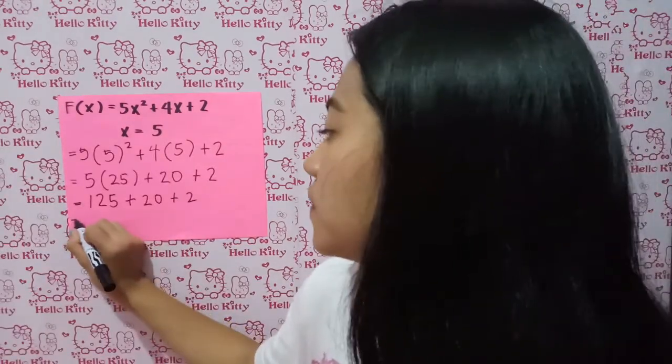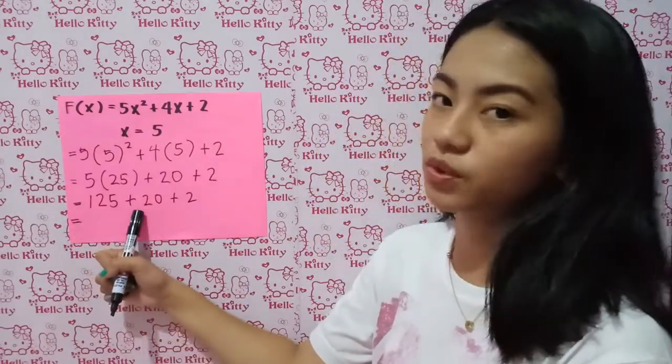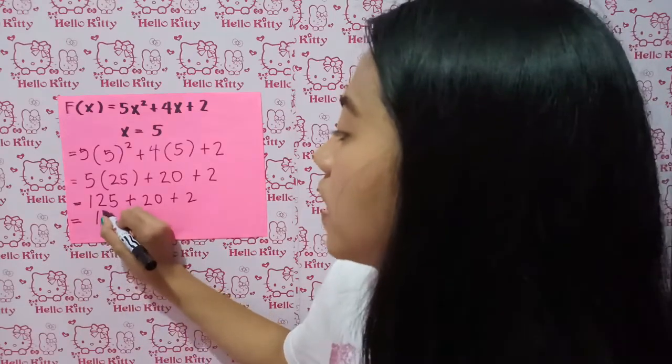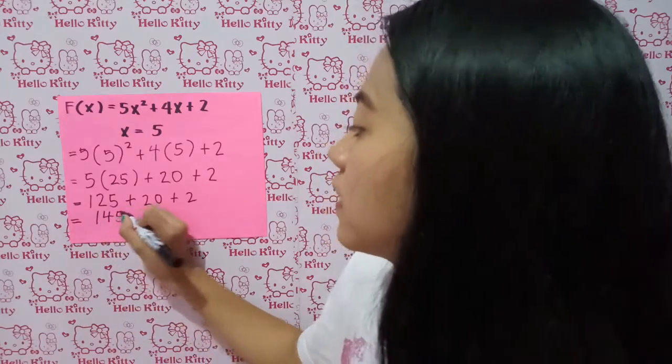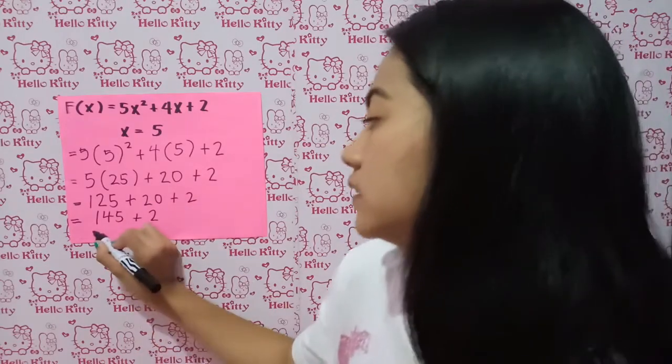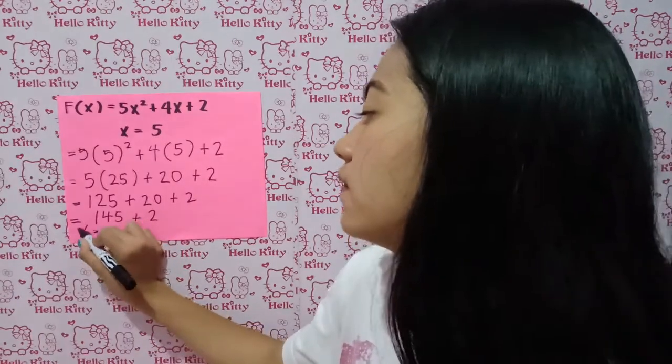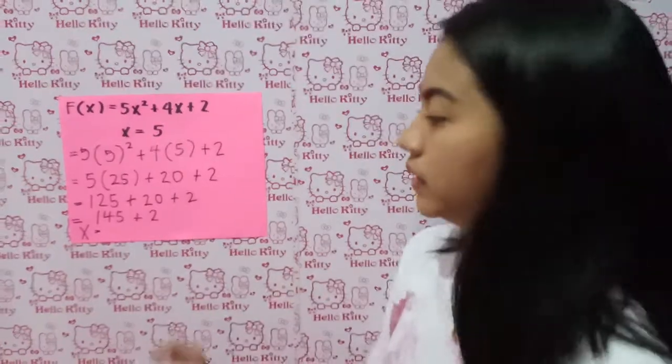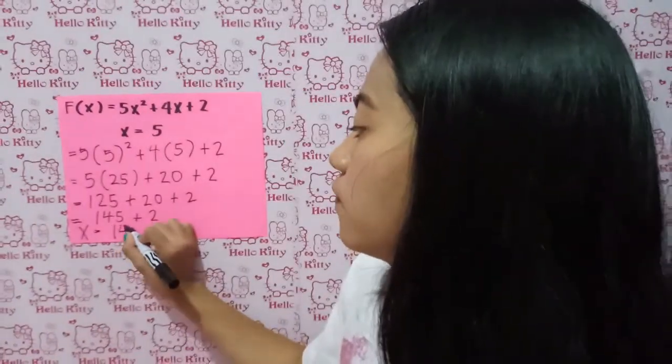Then next, 125 plus 20 is equal to 145, plus 2. And the last is 145 plus 2 is equal to 147.